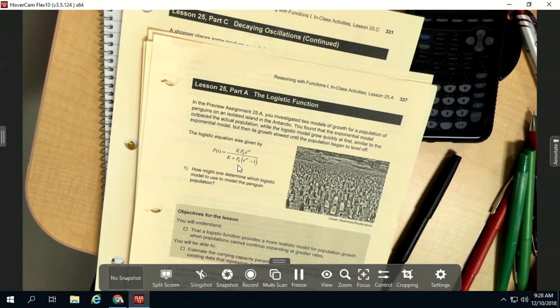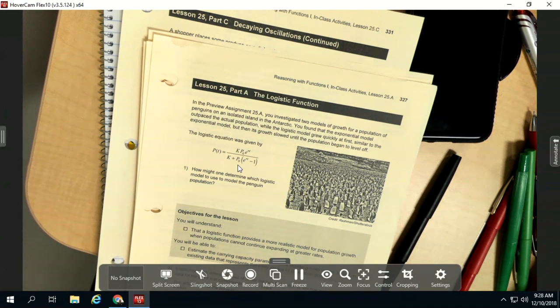But they didn't give us what the end value of our logistic function was, 9,000 or 10,000, I don't remember how many penguins could live on the island. If they don't give that to you, you've got 2 variables. What's neat is that Desmos would be able to figure it out. But for this class, they will never ask you that question. They will always have the graph go far enough so that you can see it's going to get towards this value here. They'll always give you that part.